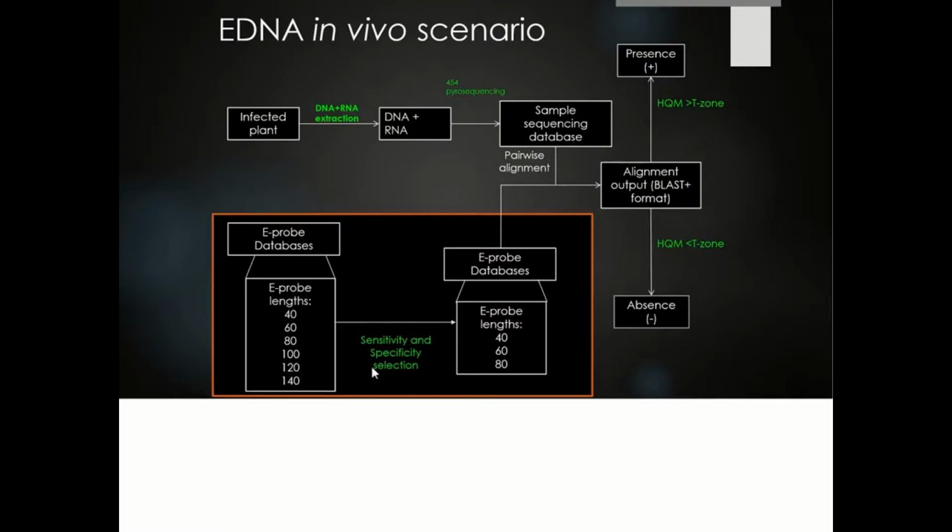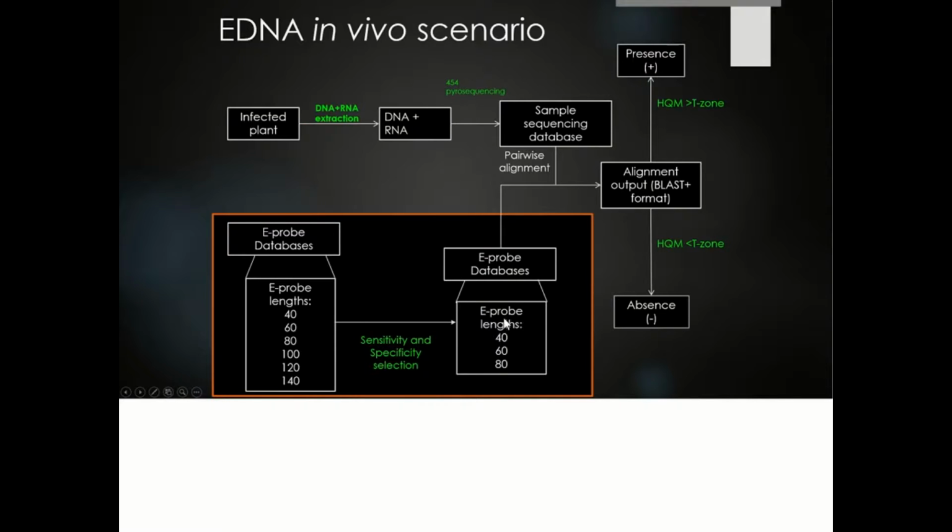So here, usually we did many trials from 40 base pairs to 140 base pair eProbe length and tested them with mock sample sequencing databases. And specifically for eukaryotic plant pathogens, we ended up selecting eProbe sizes because of the effectiveness of eDNA with these sizes.